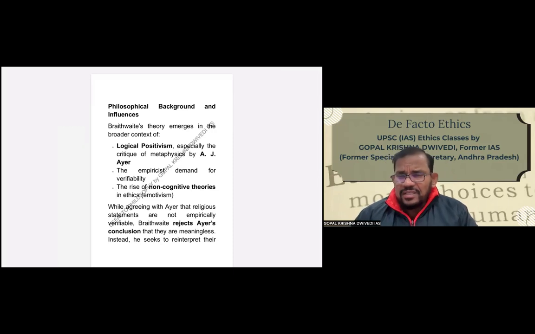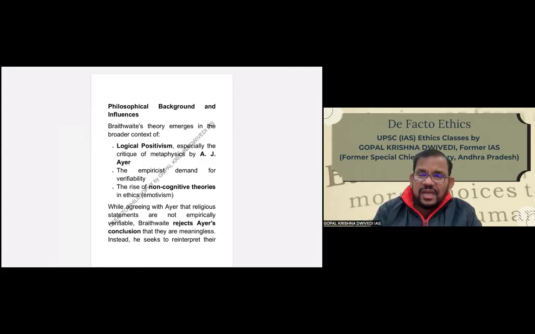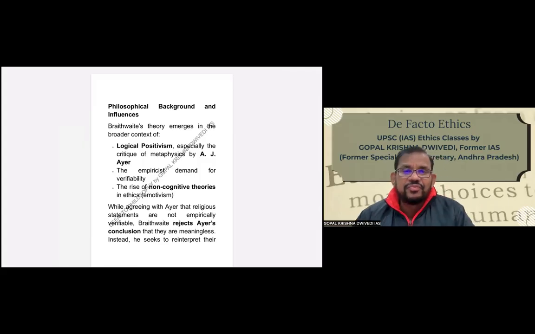Now, why has he come up with this? Understanding his philosophical background and influence will help us understand why he came out with this view. Braithwaite's theory emerges in the broader context of logical positivism and the empiricist demand for verifiability, and then the rise of non-cognitive theories in ethics, emotivism.